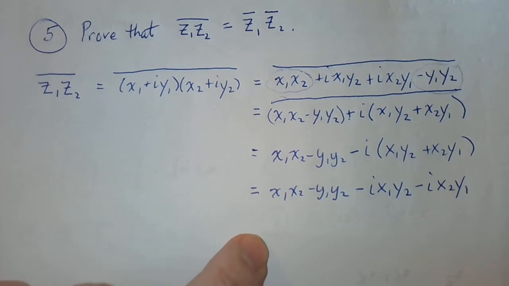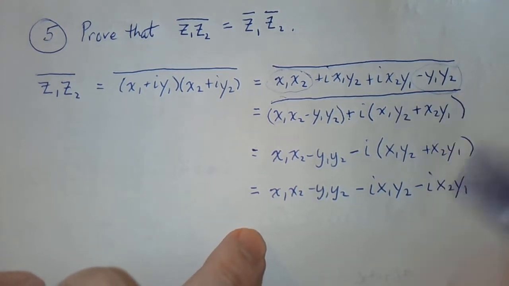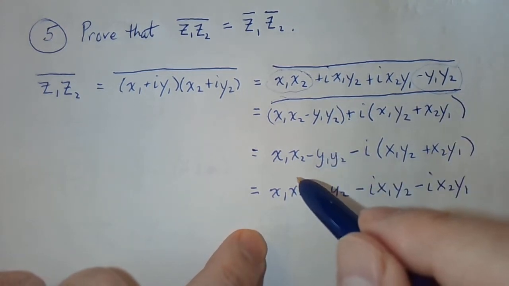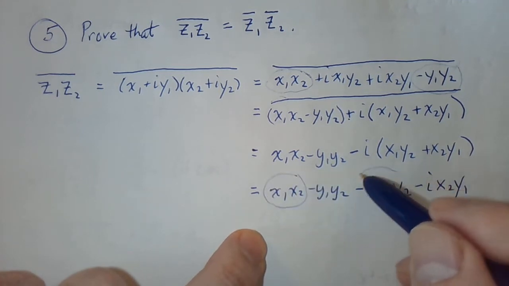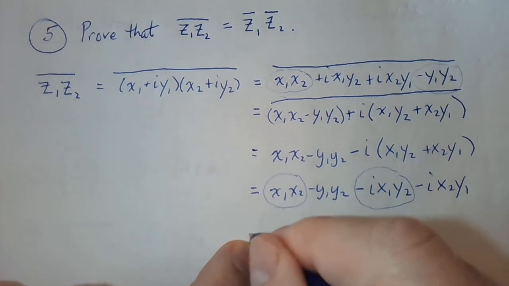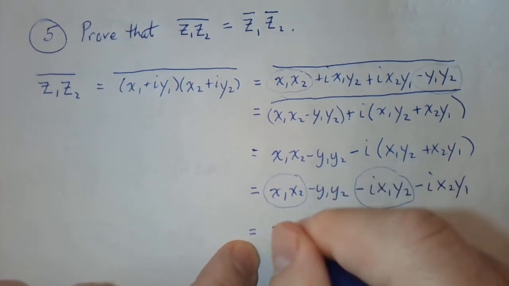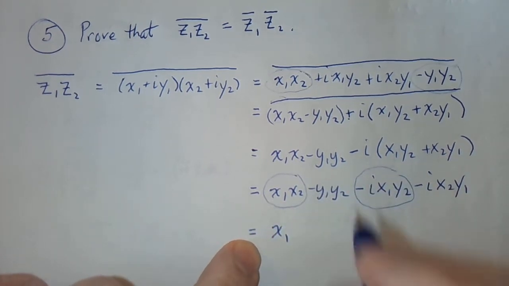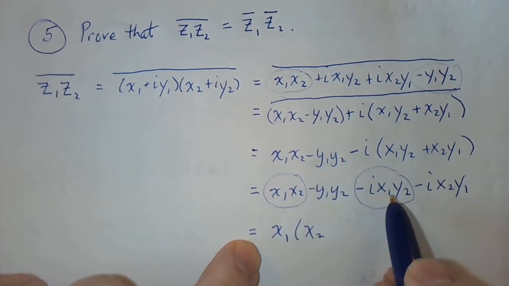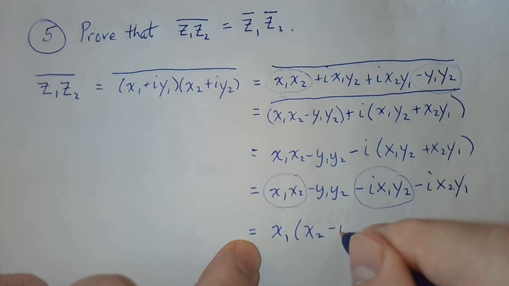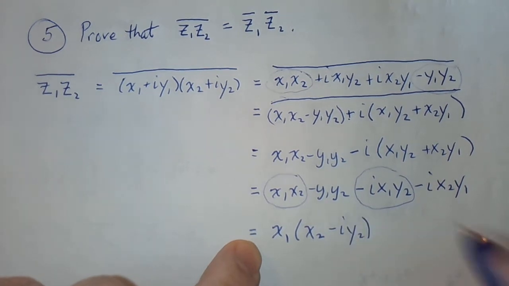All right, now notice that I'm going to factor by grouping, but I'm going to group these two together because they both have an x1. And so it would be x1 times x2 minus i y2.